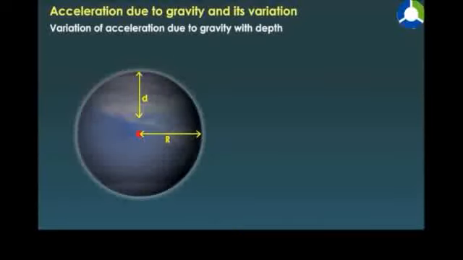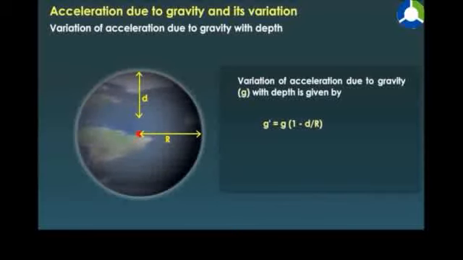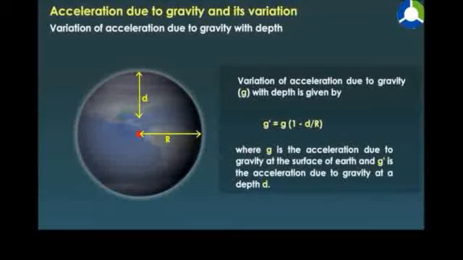Variation of acceleration due to gravity with depth. Variation of acceleration due to gravity with depth is given by g' equals g multiplied by (1 minus d by R), where g is the acceleration due to gravity at the surface of Earth and g' is the acceleration due to gravity at a depth d.